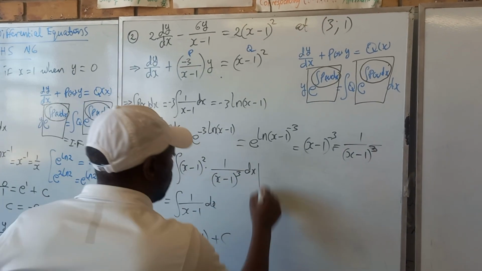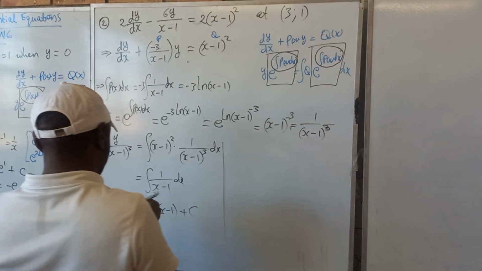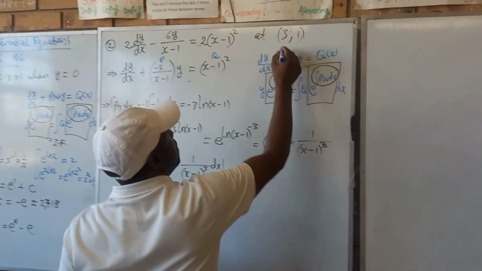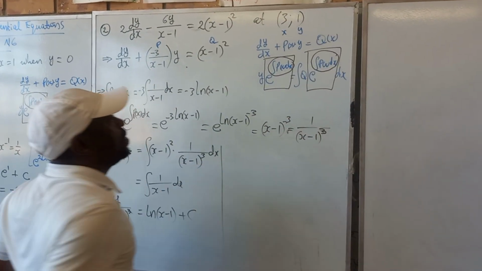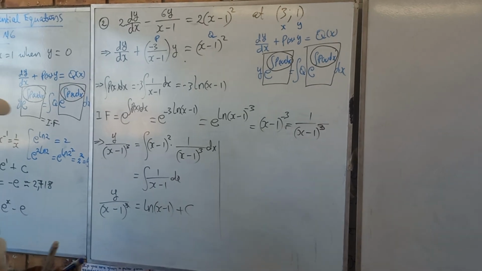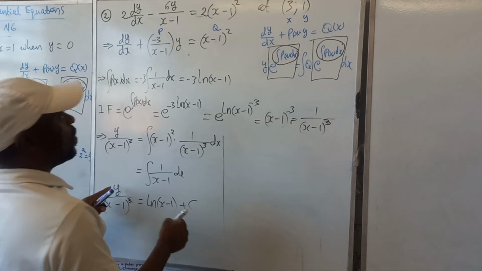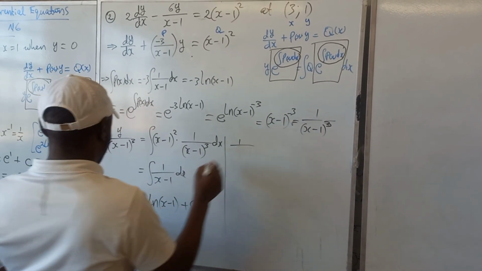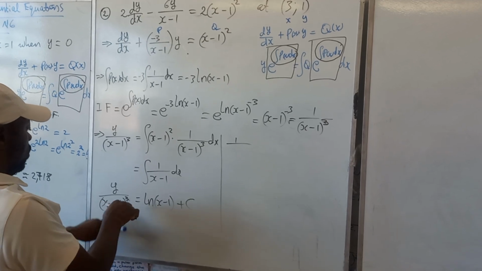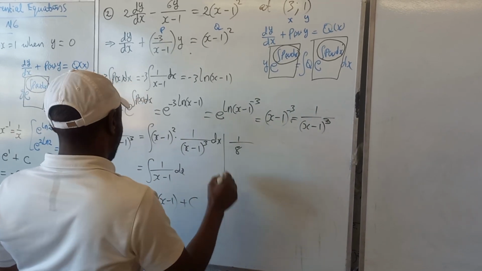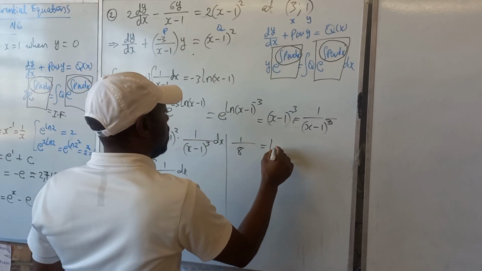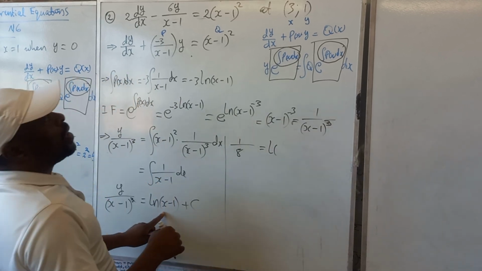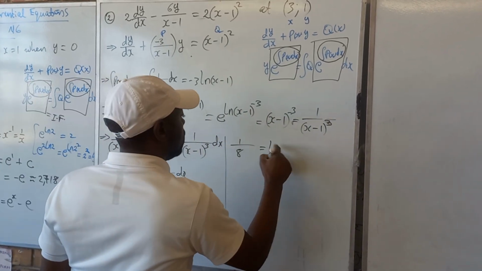So for the particular solution, we use the conditions again, (3, 1), that means x is 3, y is 1. If you substitute there, y is 1, x is 3, 3 minus 1 is 2, 2 cubed is 8, which is equal to the ln of x, which is 3, 3 minus 1 is ln 2.